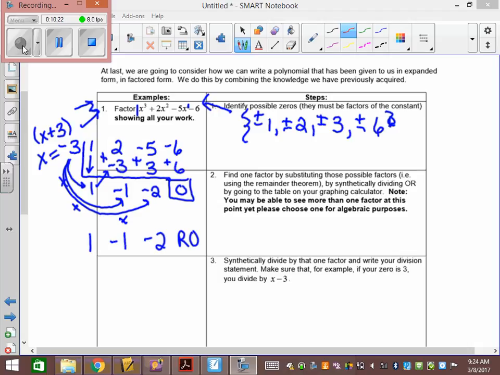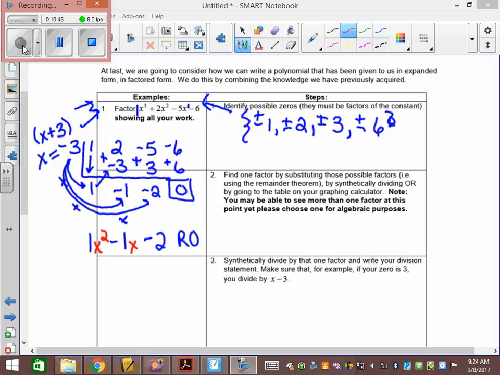So when you write these out, you're always left with one less. This is x cubed. I've pulled an x out already, so this one's actually going to start at x squared, and then you just go down x, and then that. So when you insert the letters back in, it's always one less because you took a factor out, right? You took an x out, so now it's an x squared.